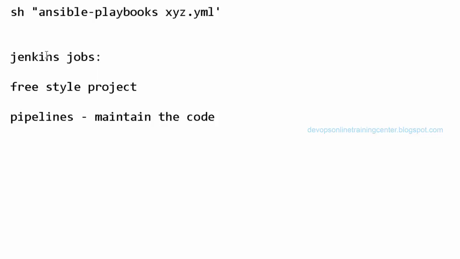We can store it, version it, and it's also easy for the developer to maintain the code because everything is given. So also you get to know the flow, and those are the advantages of having the pipelines, right? And you have stages in pipeline wherein each stage is like a plugin.